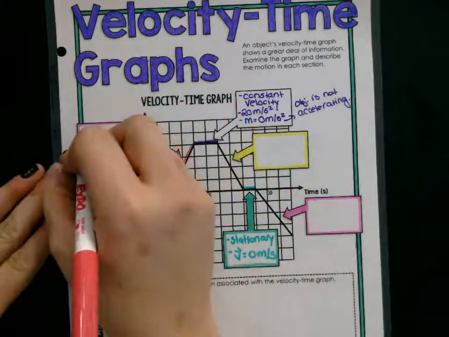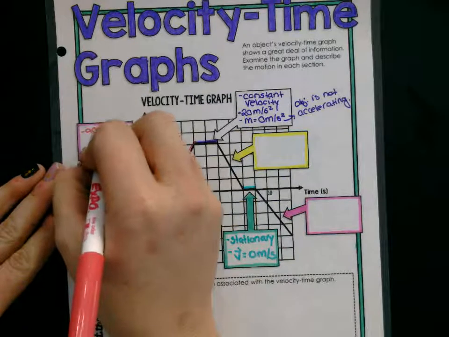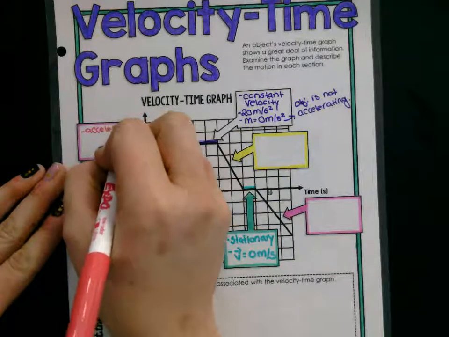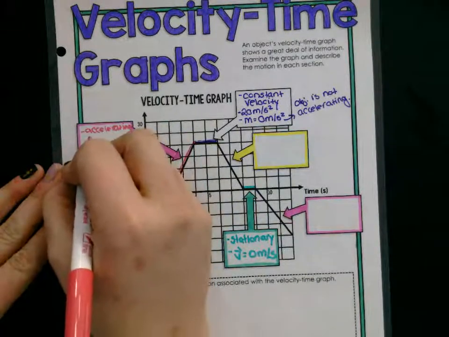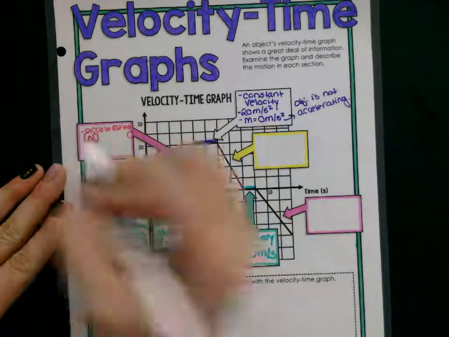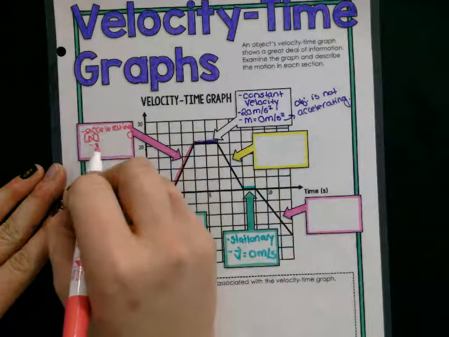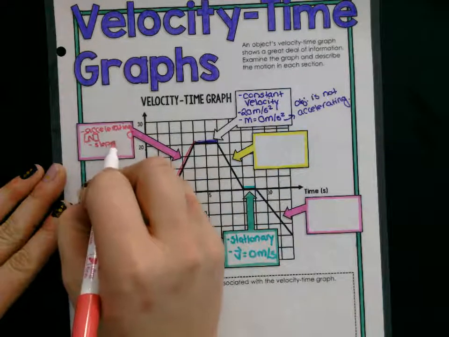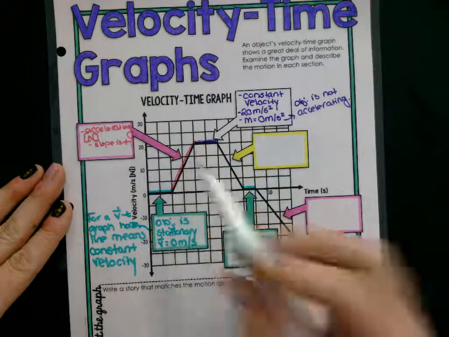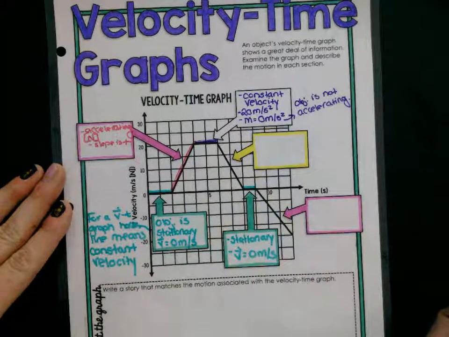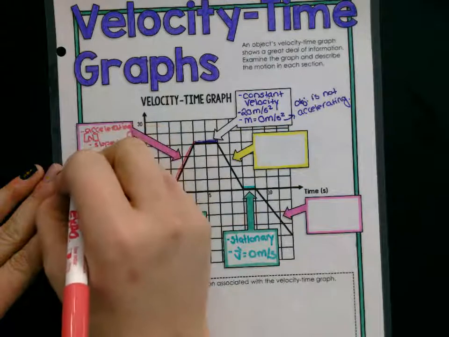So my object is accelerating, and it's accelerating north. We know this because the slope is positive. So we know that it's accelerating north. It's speeding up.